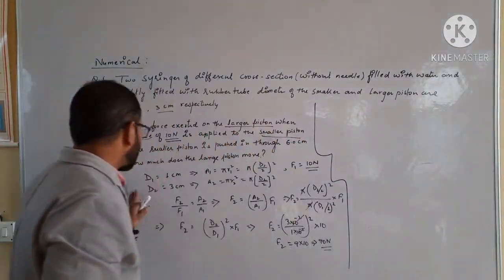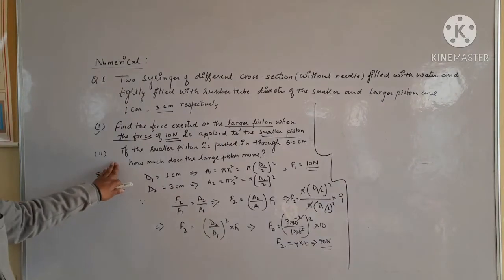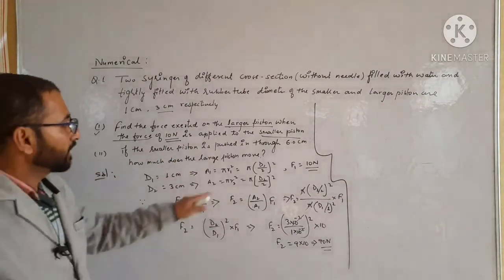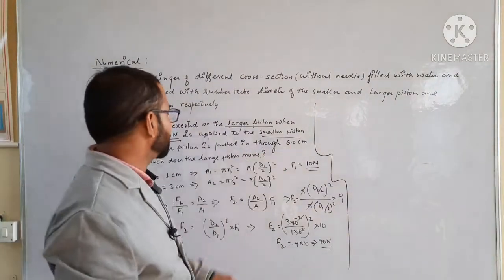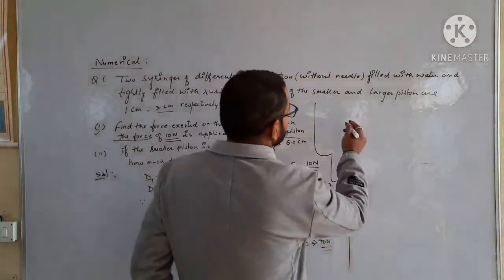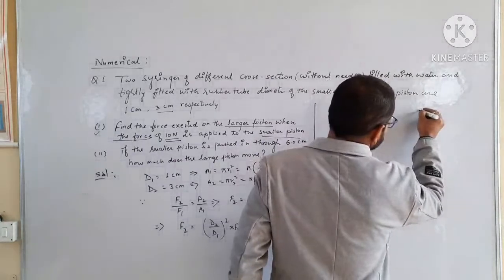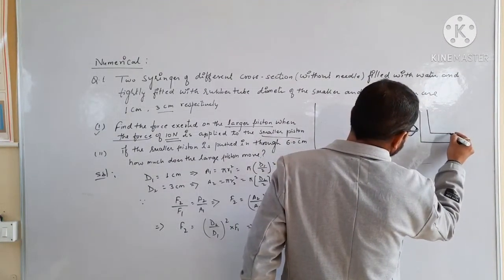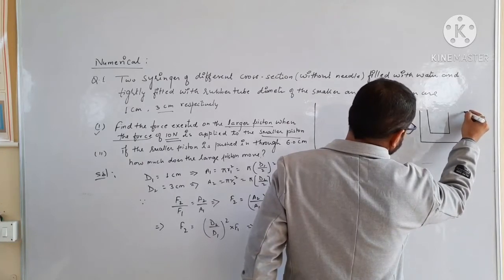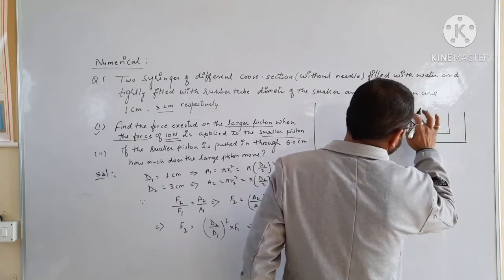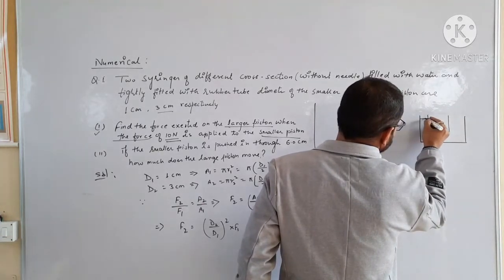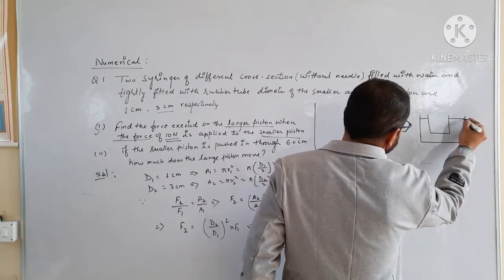Point clear? After that, we will talk about what happens if the smaller piston is pushed in through 6 centimeter. Suppose the diagram is the same as we have drawn; this is a piston here.